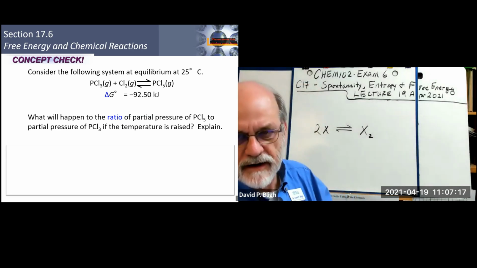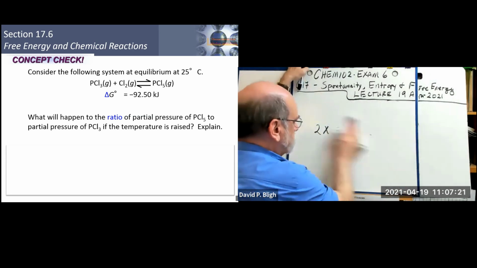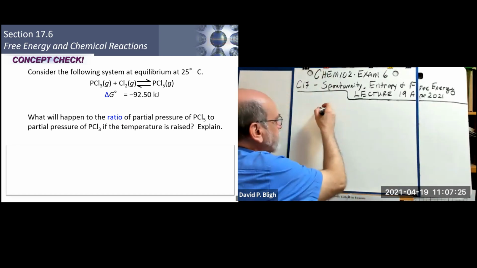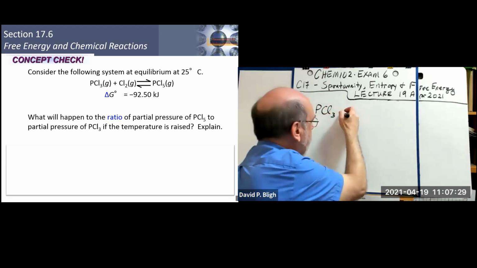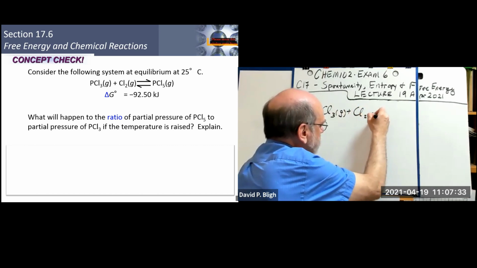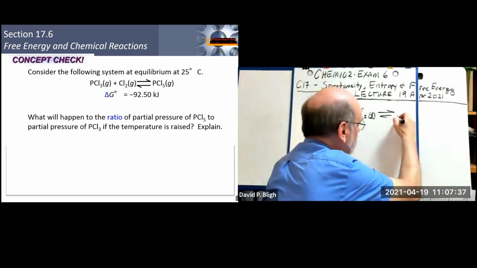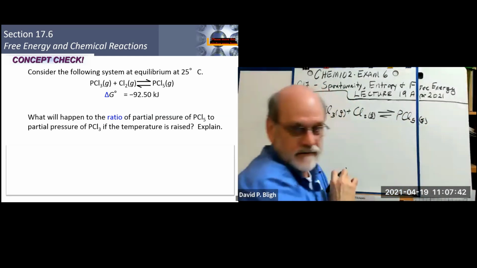Suppose we have this reaction at equilibrium. Let me put that up here. Phosphorus trichloride, gas, plus chlorine, gas, at equilibrium with PCl5, gas.